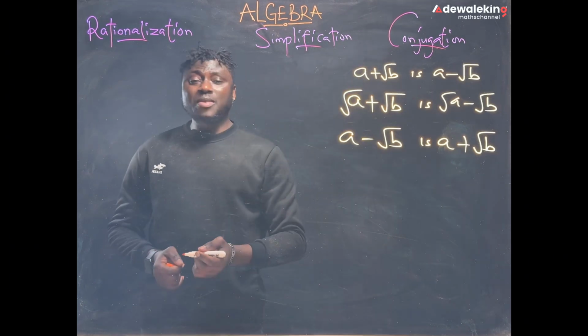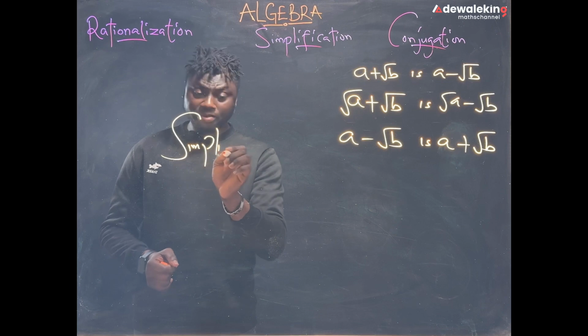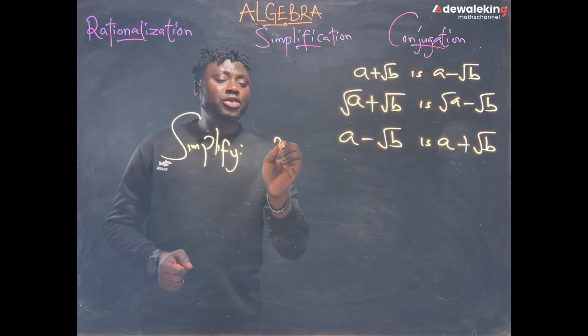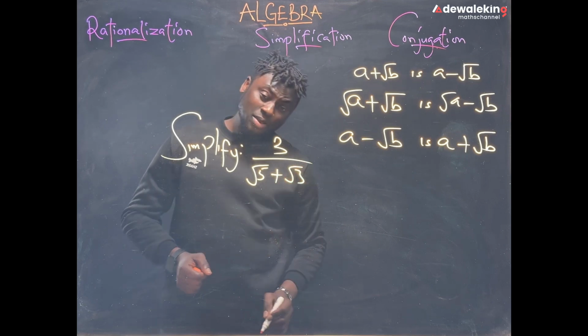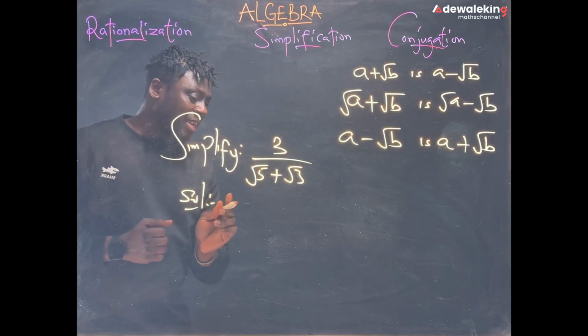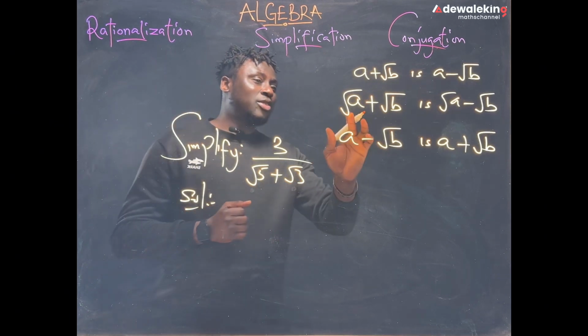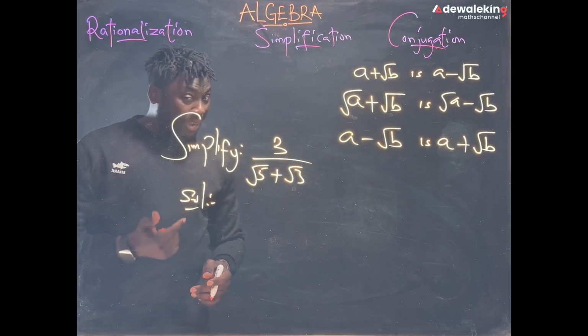Take for instance, if you are given a simplification problem, we say simplify 3 over root 5 plus root 3. To simplify this, we say solution. You observe that the denominator is just like this. That is a conjugate surd, that is a binomial surd.